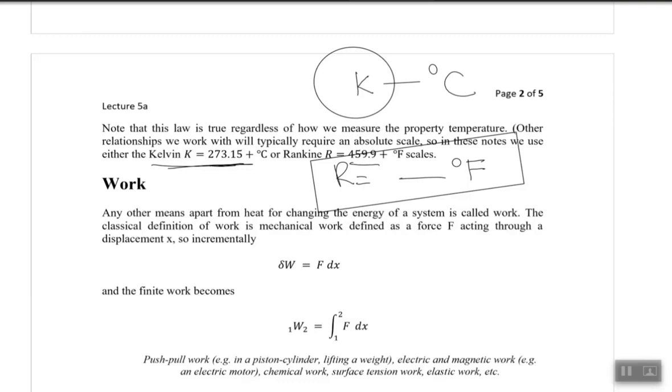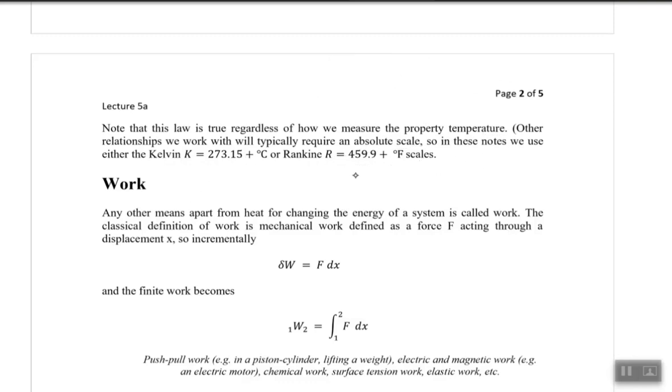Now let's move to another form of energy, and that energy is called work energy. I'm calling them both energy. If you remember, the unit of both of these energies is the kilojoule. So these are different forms of energy we will be looking at.